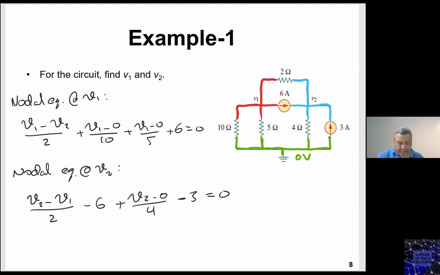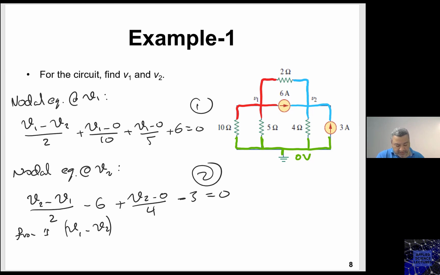So those are the two equations, and as you can see here, if we now rearrange those equations, let me say this is equation number one, equation number two. So from one, we have V1 minus V2 over 2, and if I multiply by 20, what do I get?